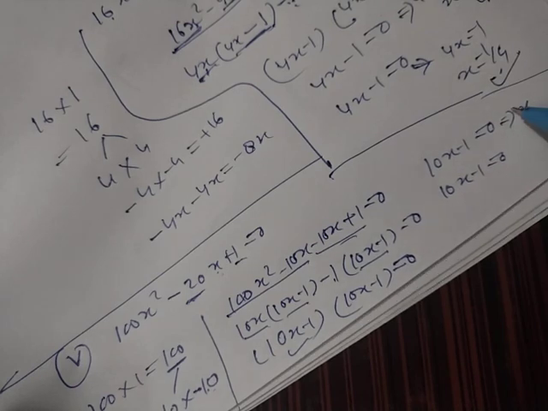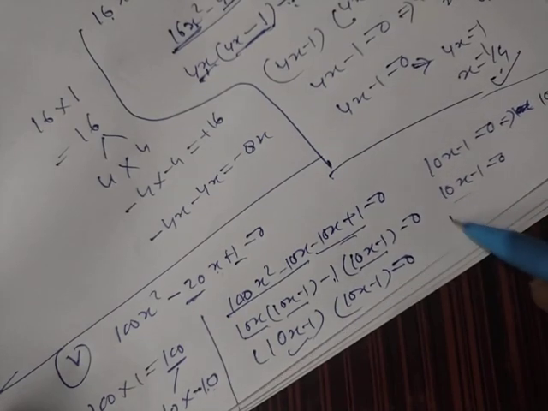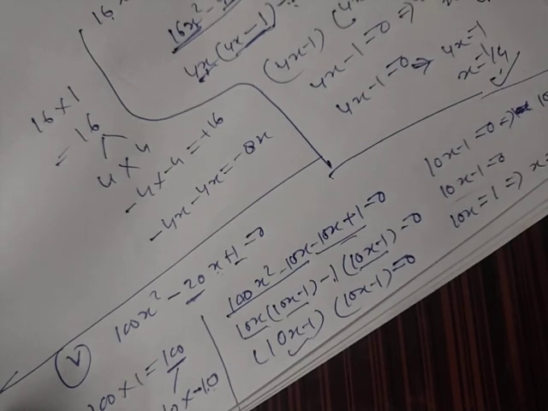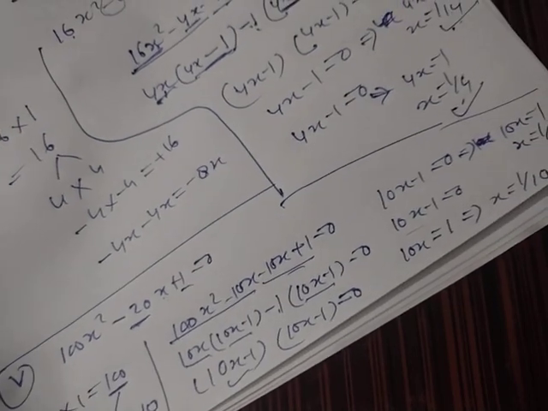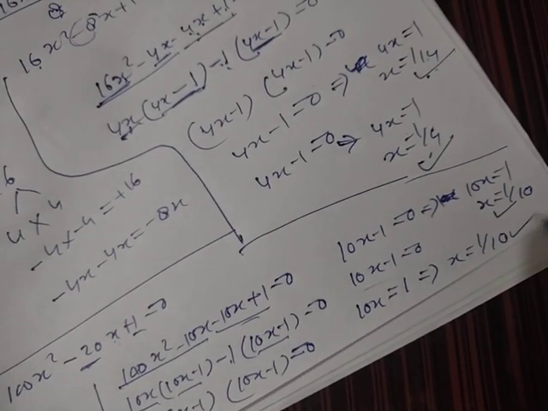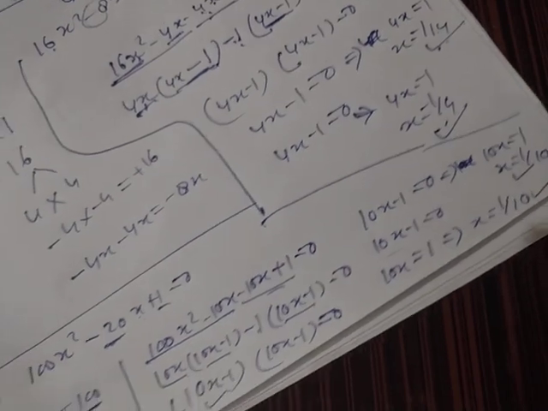This implies 10x is equal to 1, then x is equal to 1 by 10. So your answer is x is equal to 1 by 10 and x is equal to 1 by 10.